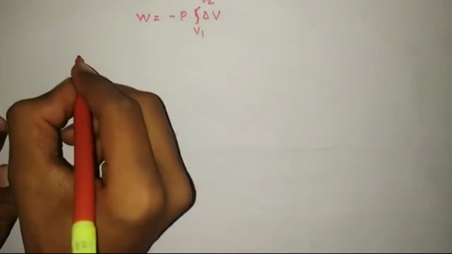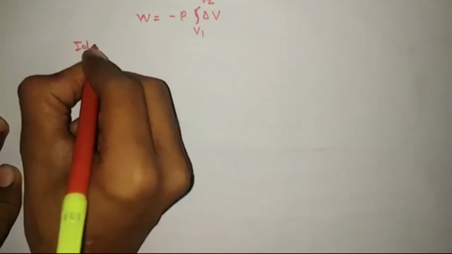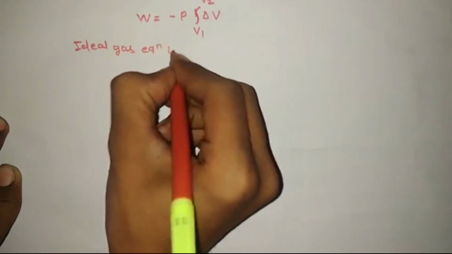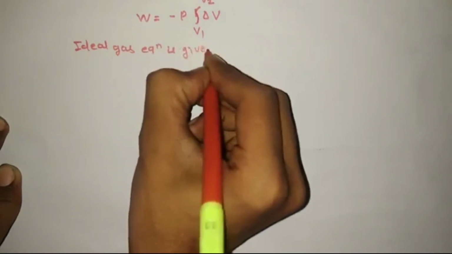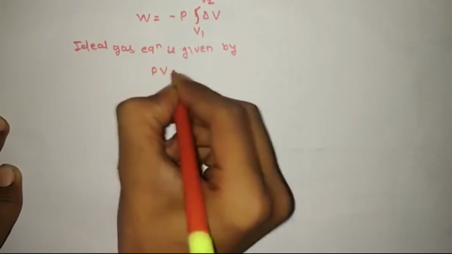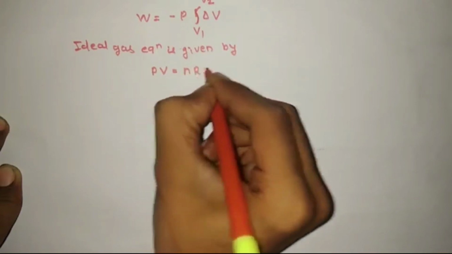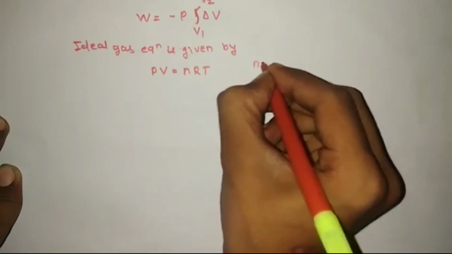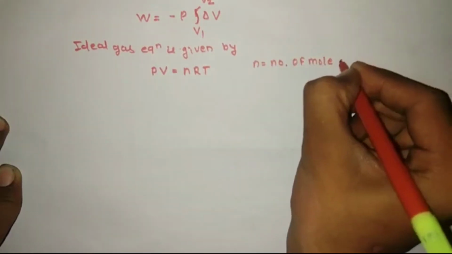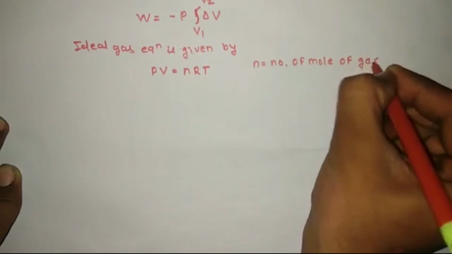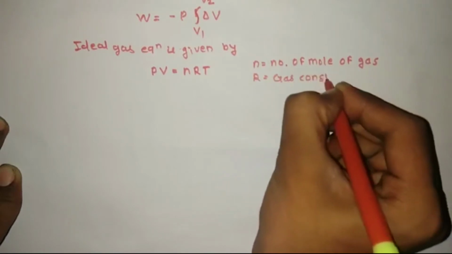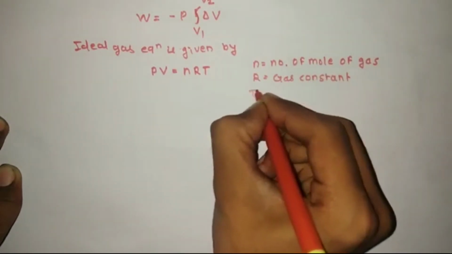We know that the ideal gas equation is given by PV equals nRT, where n is the number of moles of gas, R is the gas constant, and T is the temperature.